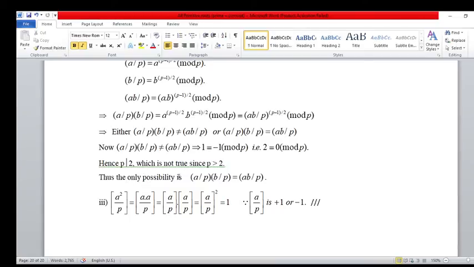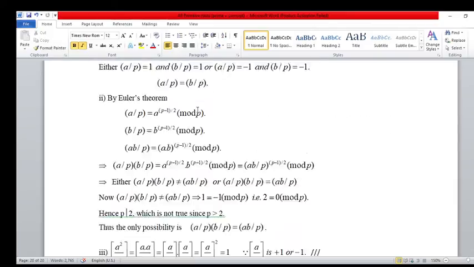This is a contradiction. Thus the only possibility is the second condition, (a upon p)(b upon p) is equal to (ab upon p). So the second condition is already proved here.